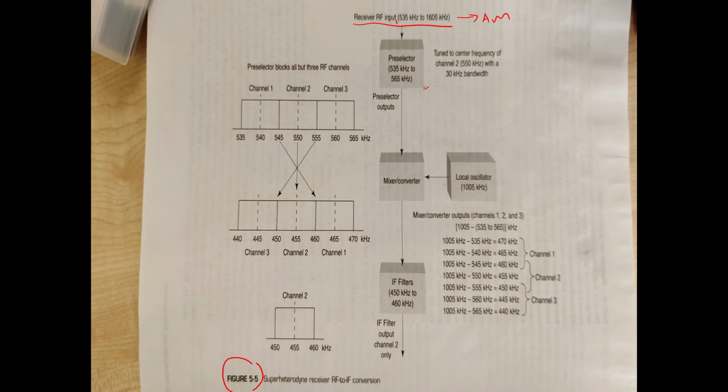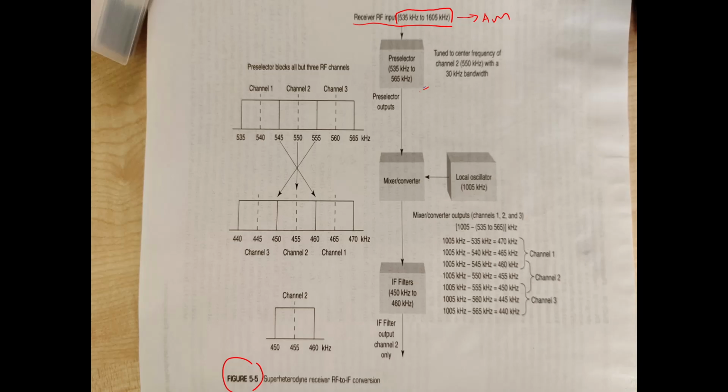Another standard of AM is from 535 until 1605. AM has a few standards of frequency band. One of them is this one, 535 until 1605 kilohertz. Another one goes until 17 something. So it consists of a few sets of band according to different countries.